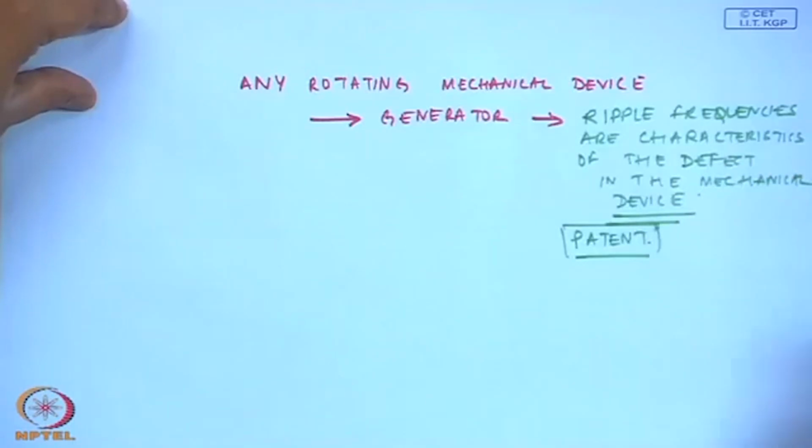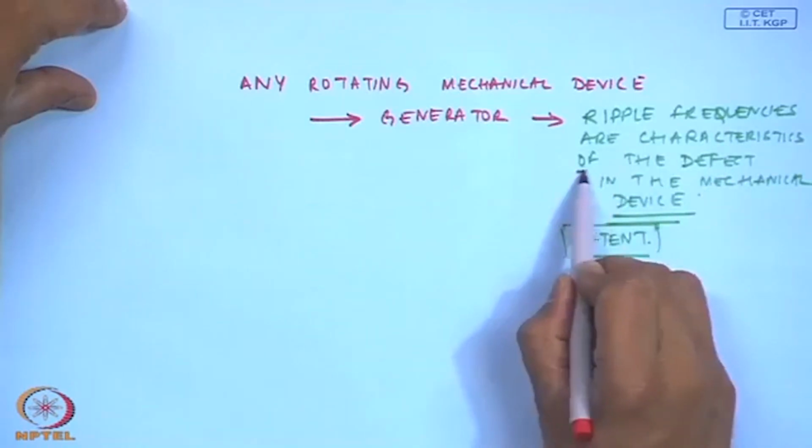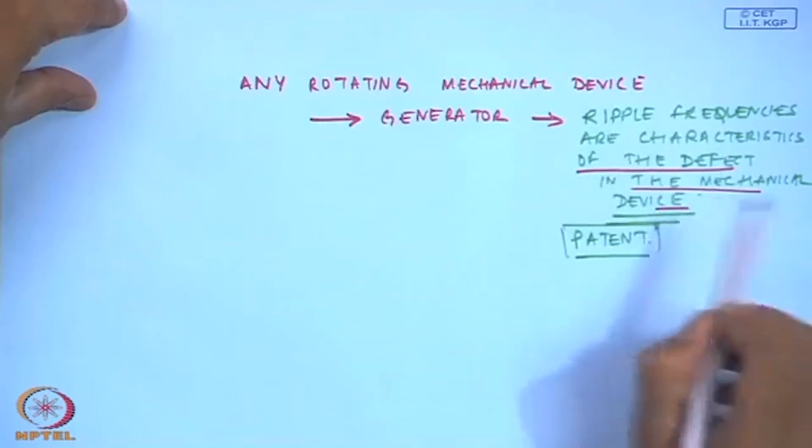So, if somebody can capture these ripples and understand the frequencies, we will see that they are characteristics of the defect in the mechanical device. So, this becomes a very powerful technique to find out defects in gas turbines powering aircraft and marine systems. Okay.